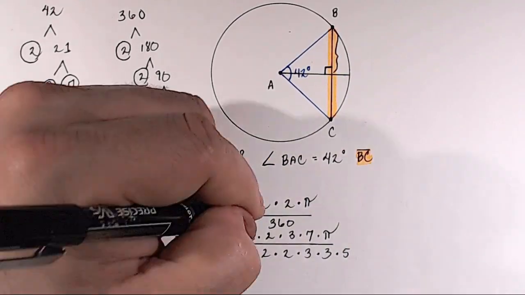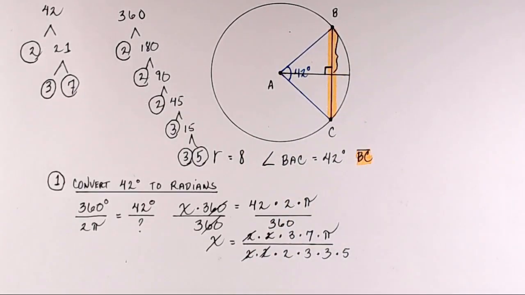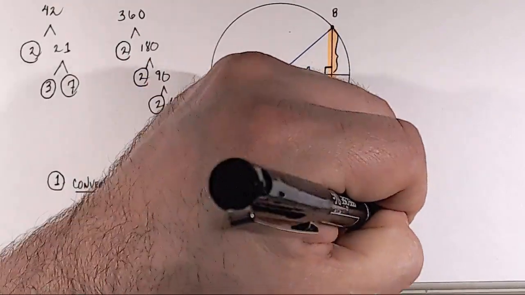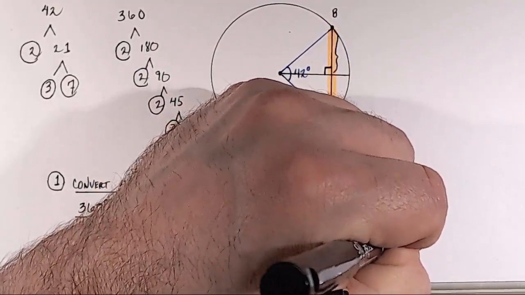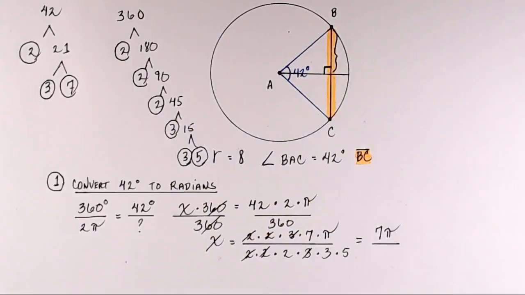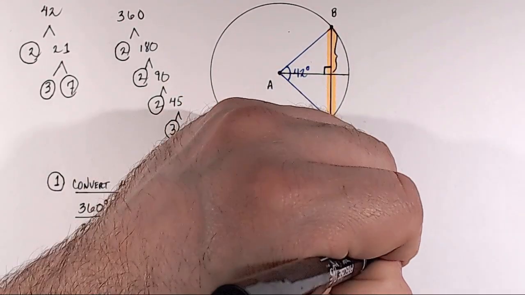So there's 1 pair, 2 pairs, 3 pairs. There's no other common factors, so I'll write what's left as 7 pi over 2 times 3 times 5, over 30.